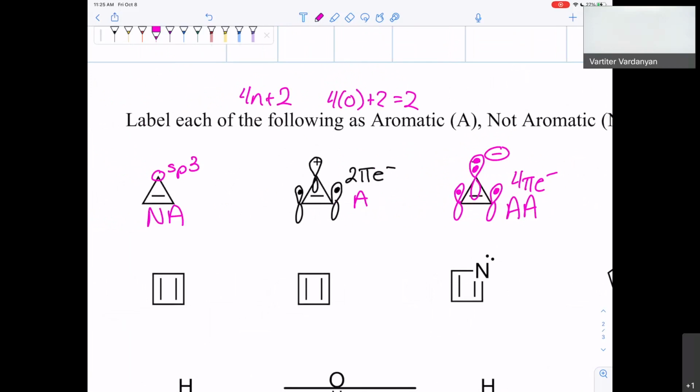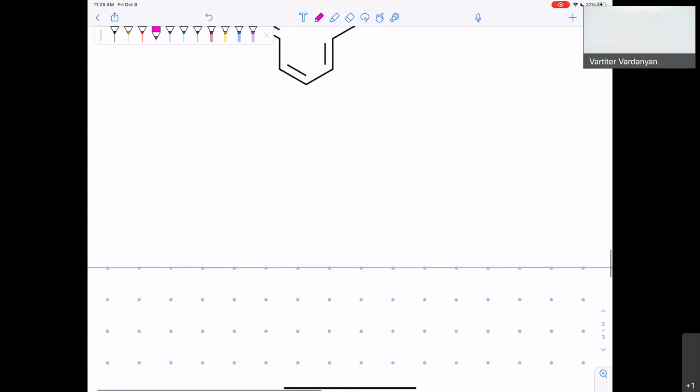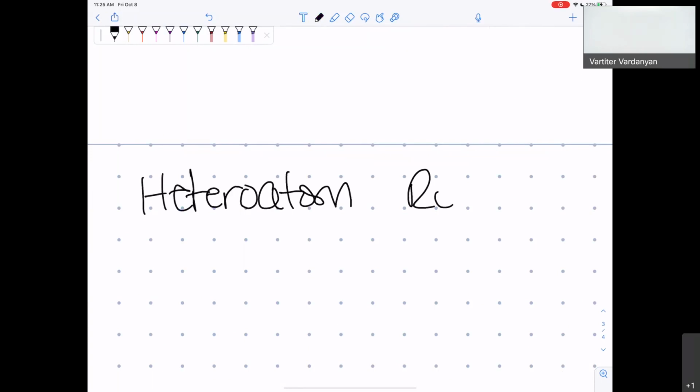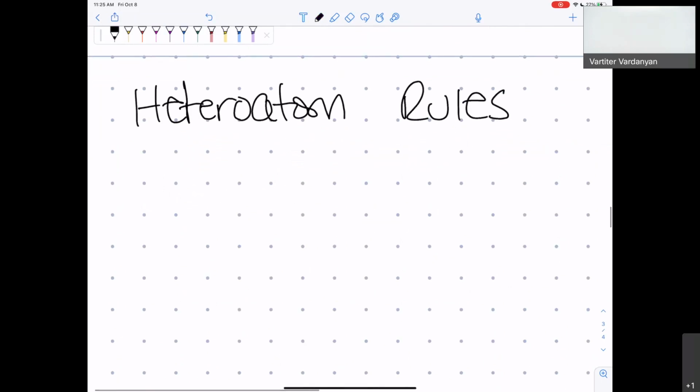All right, so we're going to get into some heteroatom rules. I'm going to go through them one at a time, and we're going to do an example, so hopefully that'll make it make more sense.